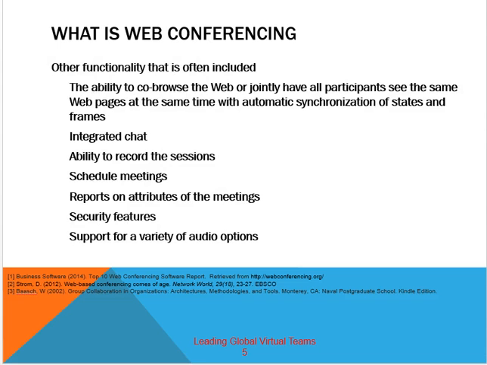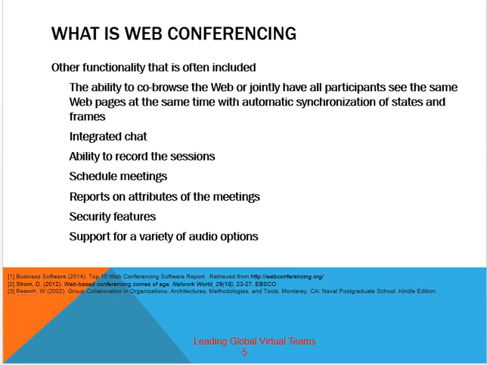Other functionality that is often included in web conferencing is the ability to co-browse the web or jointly have all participants see the same web pages at the same time with automatic synchronization of states and frames. You have integrated chat, the ability to record sessions, the ability to schedule meetings, to publish reports on the attributes of the meetings.